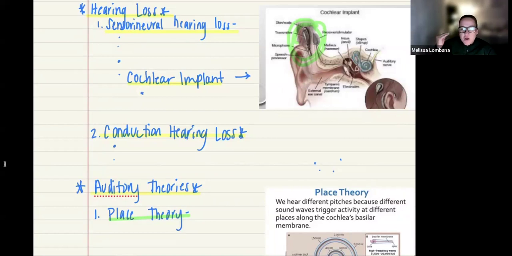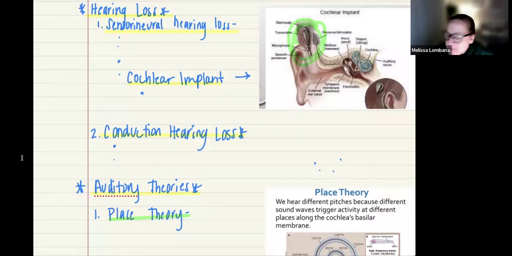A hearing aid basically amplifies the sound waves and sends them to the cochlea, which then sends the neural impulse to the brain, and then it processes it, okay? But with a hearing aid, they can turn it off, which if you've ever seen somebody older, sometimes they're like, oh, I just don't want to hear anything, and then they just turn off the hearing aid, and they don't get to pick up those sound waves.